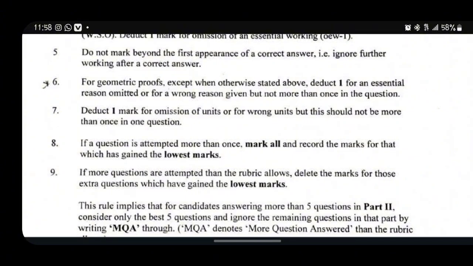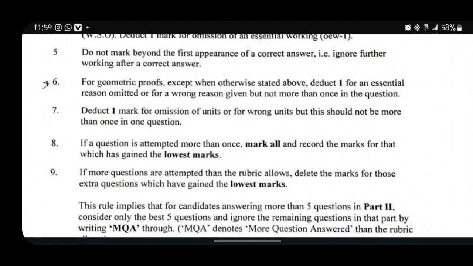if you have solved a particular line or a particular step has been solved, you will always need to put the geometric proof. Let's say you have found that the angle in a semicircle is 90. At the side of it, you write angle in a semicircle.